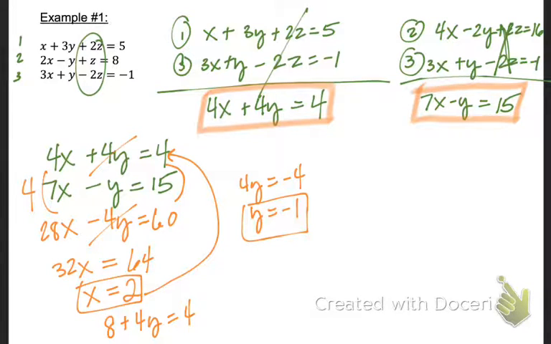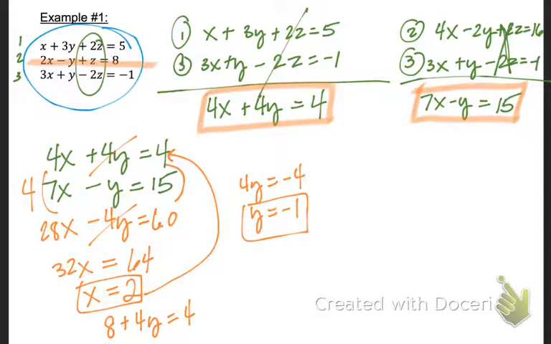So I've now accomplished step number 3, which is solving for 2 of the variables. Once you have that, you take your x and your y and you plug it into one of the originals at the very beginning of the problem. It doesn't matter which one. The second one kind of looks like the easiest, just because it seems less daunting.